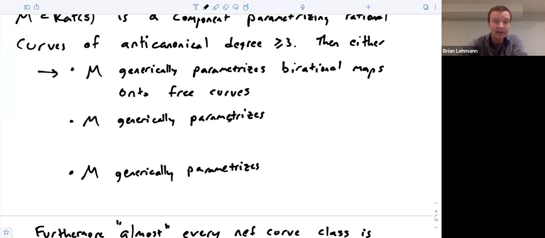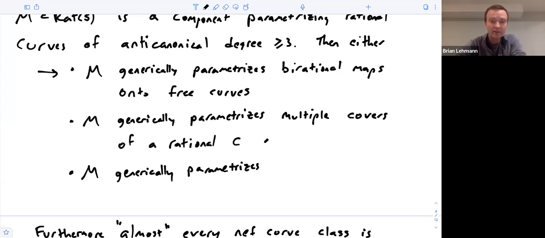Another possibility is that M parametrizes multiple covers of a rational curve C such that minus K_S dot C is equal to 2. So for example, if our del Pezzo surface admits a conic fibration, then it's possible for M to parameterize multiple covers of the fibers of this map.